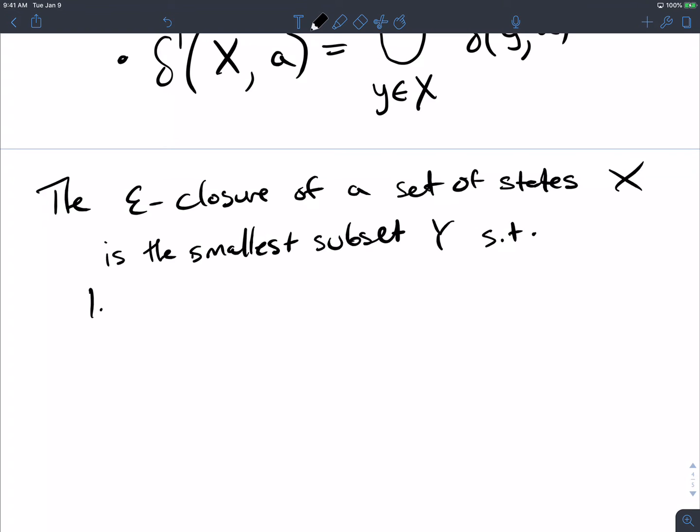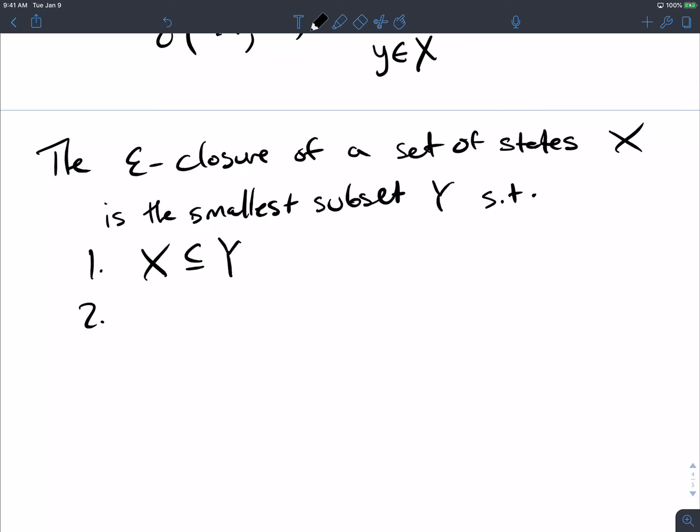Well, no matter what happens, if we have a set of states and there are no epsilon transitions we could apply from only those states, we'd better still be able to get to these states, right? We want to include the states that we're already in. So we better have that X is a subset of Y. So Y includes everything we could already reach. The epsilon closure of a set of states always includes the original set itself, but it might include other things.